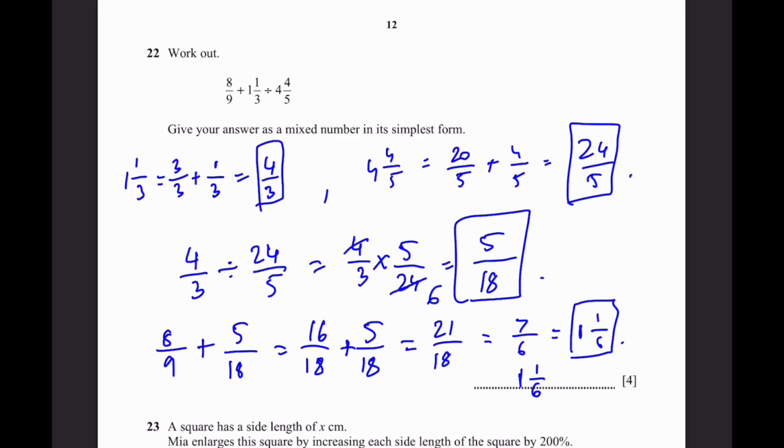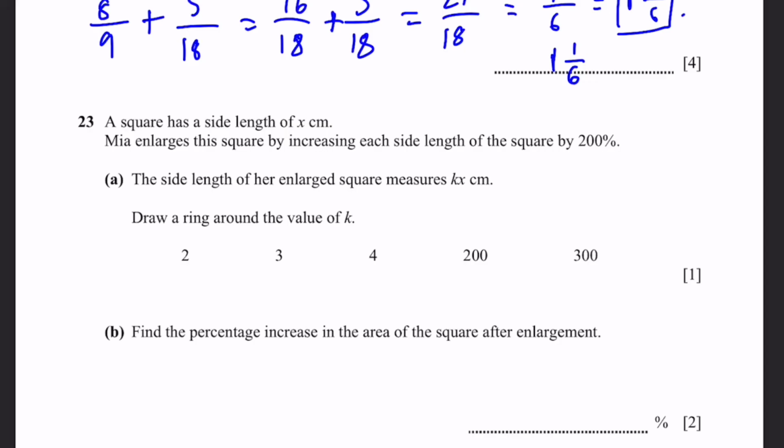Let's go to question 23. A square has a side length of x centimeters. Mia enlarges the square by increasing each side length of the square by 200%. A. The side length of her enlarged square measures kx centimeters. Draw a ring around the value of k.